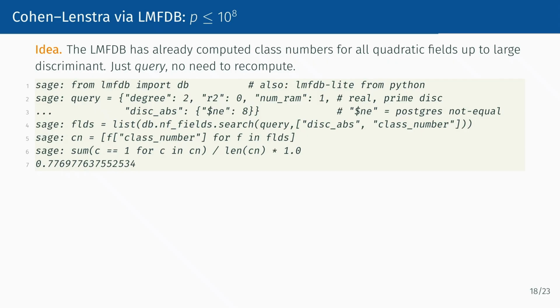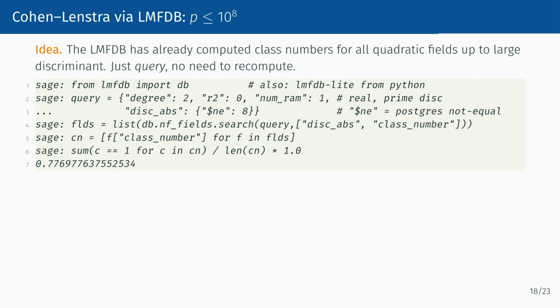So db is just the general access point to all the database, and then you can choose the table. As you saw earlier, there are lattices, there's other stuff, elliptic curves, modular forms, and here we're just accessing the number fields, and we're just looking for all the things that this query returns.